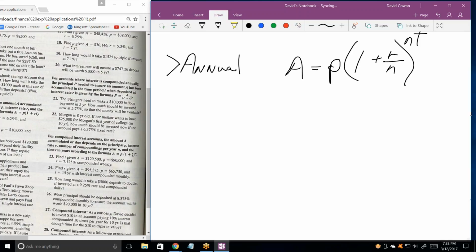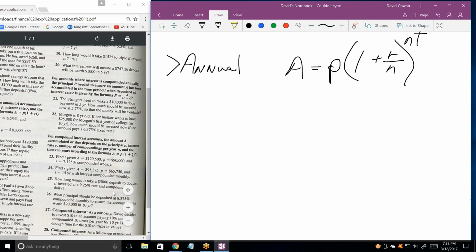You said 25? 25. Okay. So here we're trying to solve for r again. That's good. So let's fill in. That means we don't have to use logs because r is not in the exponent. So tell me what I should put in for as many of the variables as I can. So let's see. 5,000 would be A. No, read it carefully.